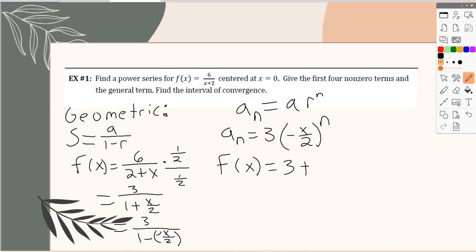What would our second term be? Yeah, so this would be negative x over 2 to the first power, right? But remember with our series, we tend to write it as the number first. So we have a negative 3/2, and then it's just x to the first power.